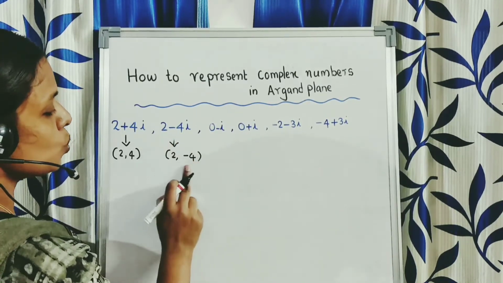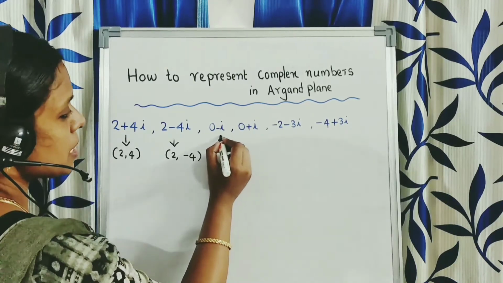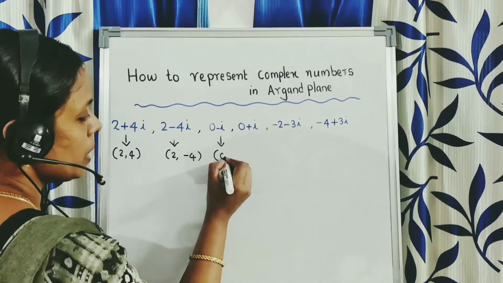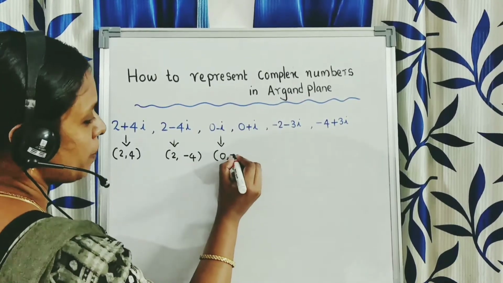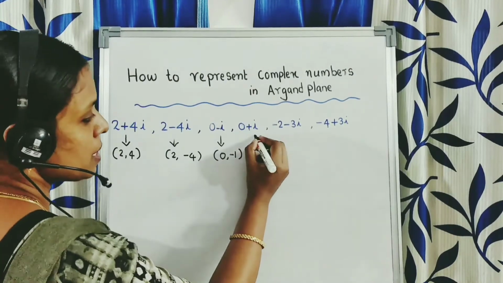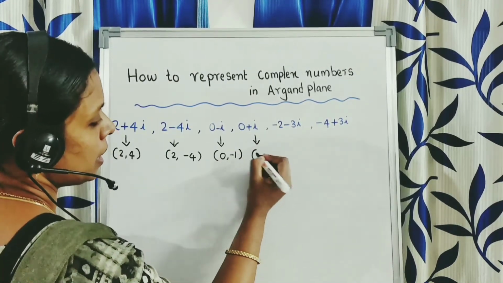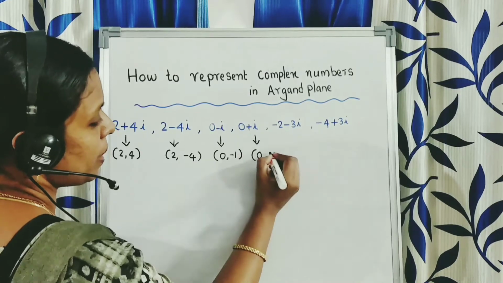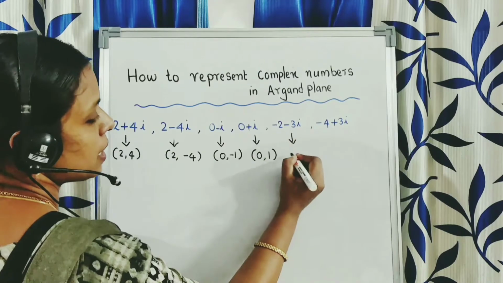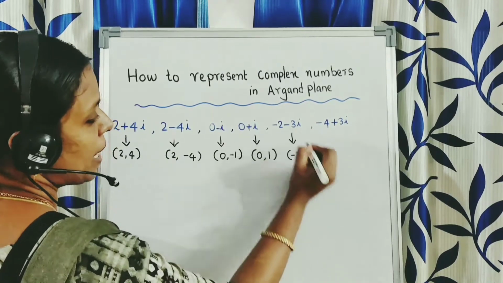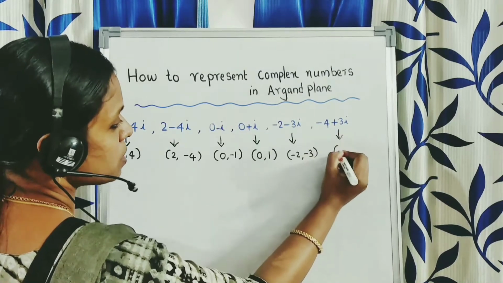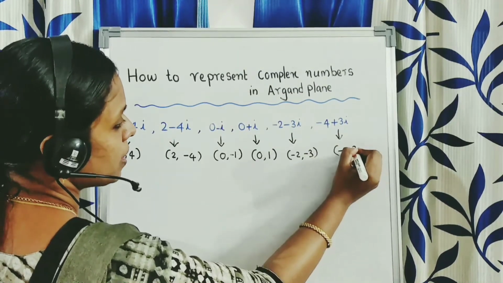Next, 0 minus i: the real part is 0 and the imaginary part is minus 1, since minus i means minus 1 into i. Then 0 plus i is 0, 1. Then the real part is minus 2 and the imaginary part is minus 3. The last one has real part minus 4 and imaginary part 3.